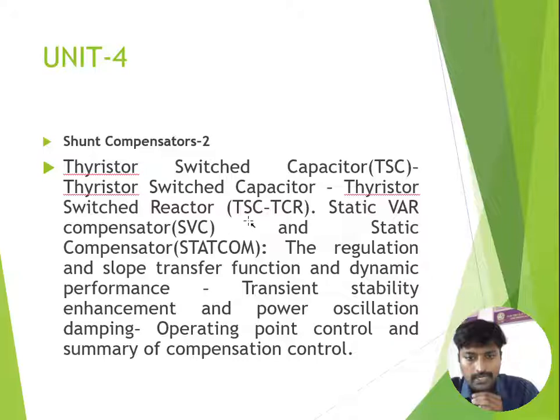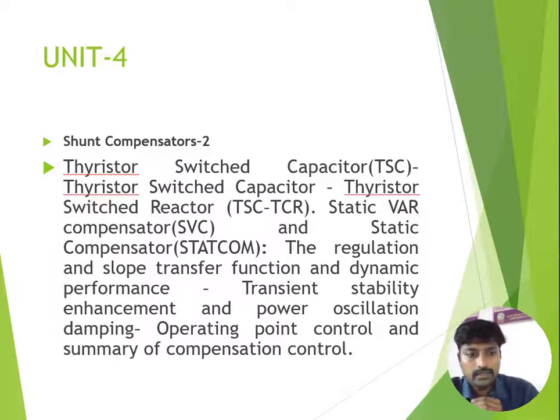Along with that we will discuss some SVC and STATCOM issues, the regulation and slope, and transfer function, dynamic performance, and again how it enhances the transient stability and how it damps the power oscillations, like that, operating point control and an overall summary of the compensating control of shunt compensators.